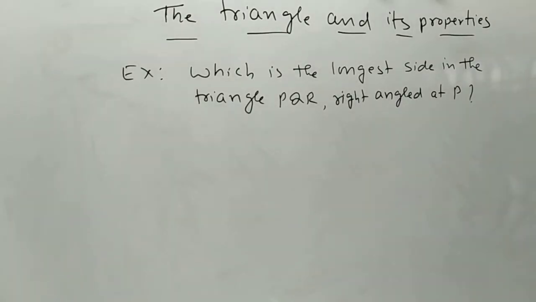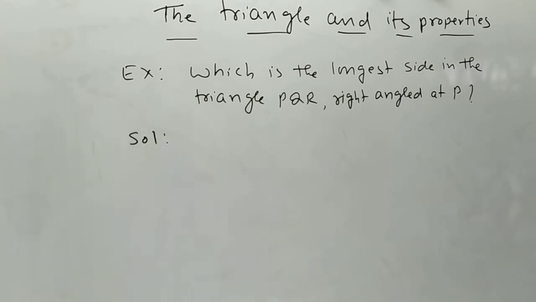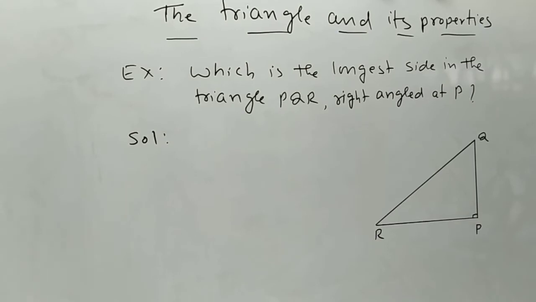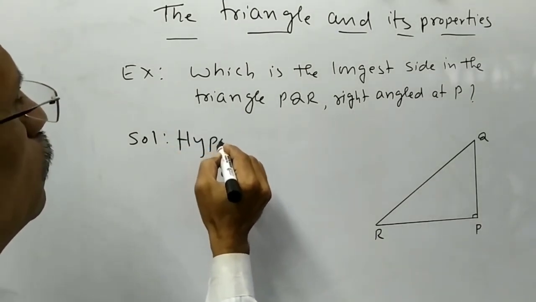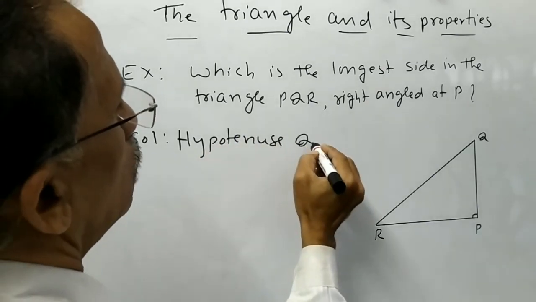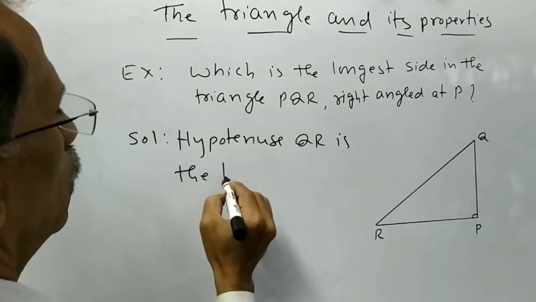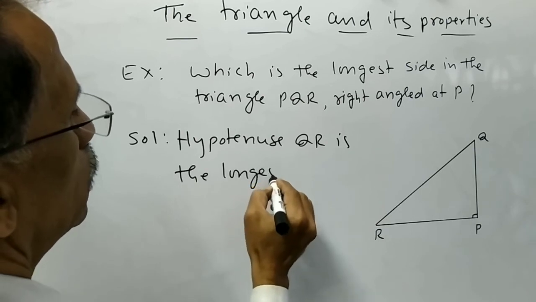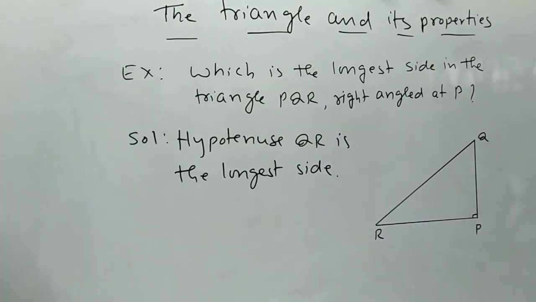Example: which is the longest side in the triangle PQR, right angle at P? Solution: hypotenuse QR is the longest side.